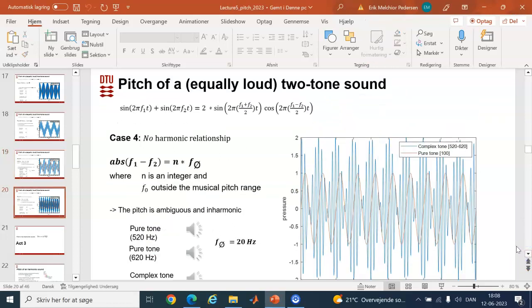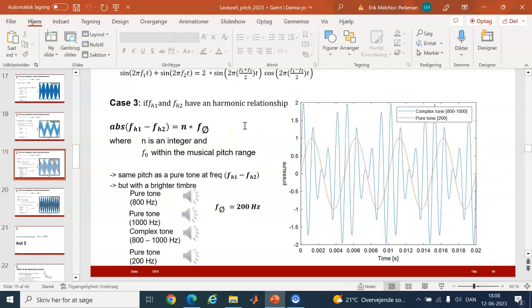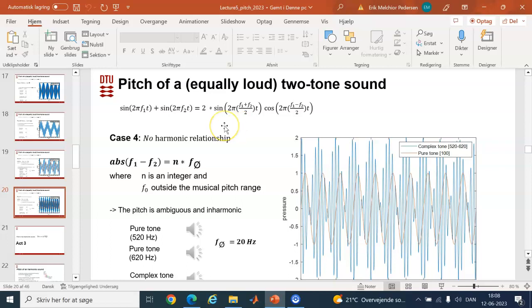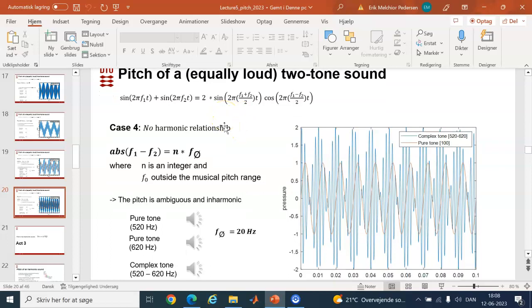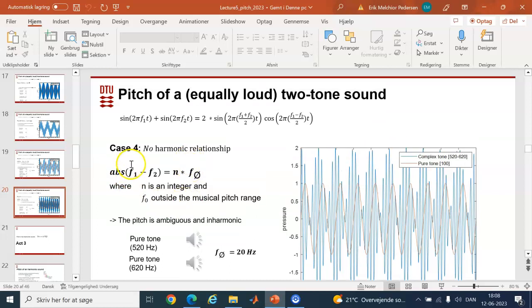Okay, pitch offers equally loud two-tone sound. Same formula, but there is no harmonic relationship. So I think it should be the case of no harmonic relationship. The absolute difference between f1 and f2 is n times the fundamental frequency.